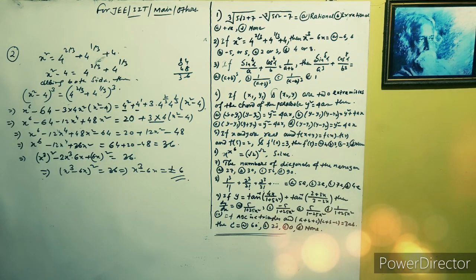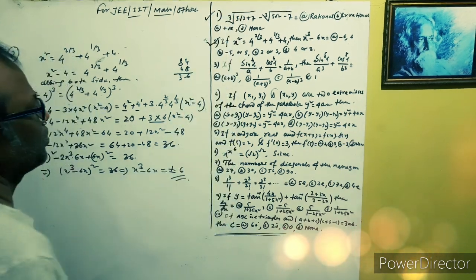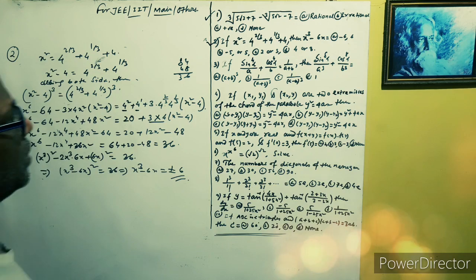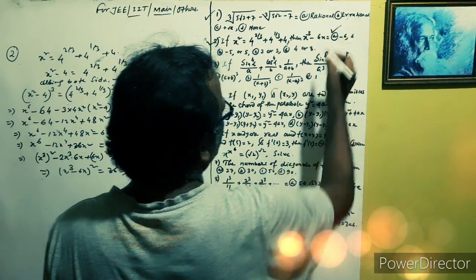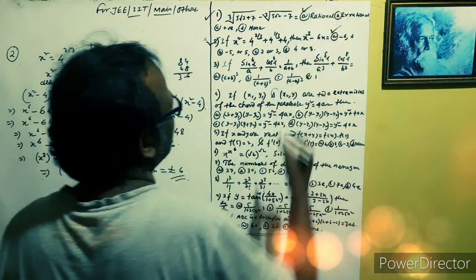Okay, and the same problem was given in a competitive exam in India some years ago. So this is a very important question. Option A is satisfied, and the answer for the first is A.